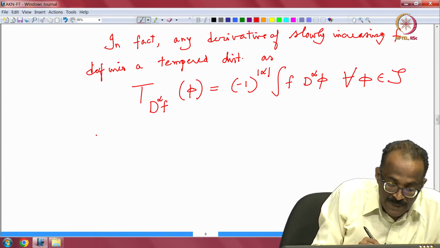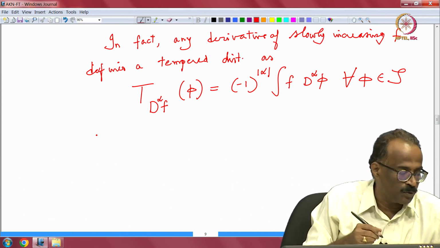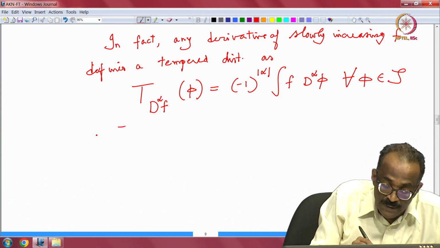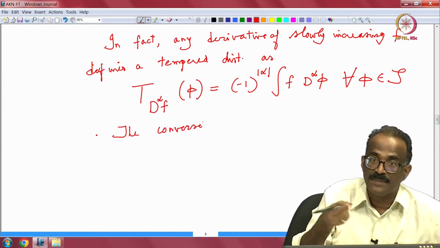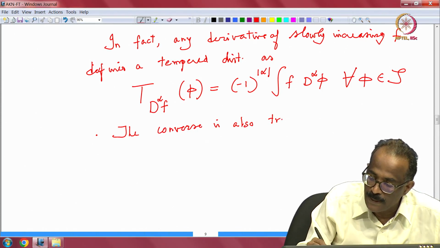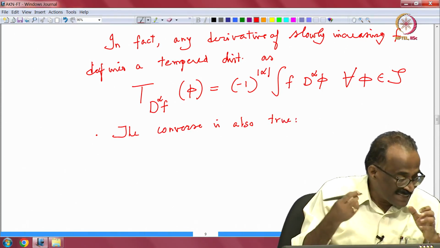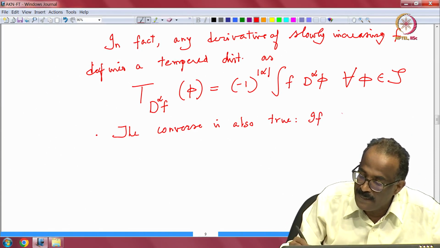The interesting case, which I am not going to prove here, is that the converse is also true. That is why the name is tempered. The converse is also true in the sense that if T is tempered, then there exists a slowly increasing function f and a multi-index alpha such that T is given this way.